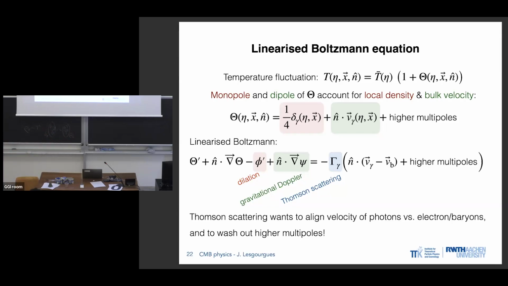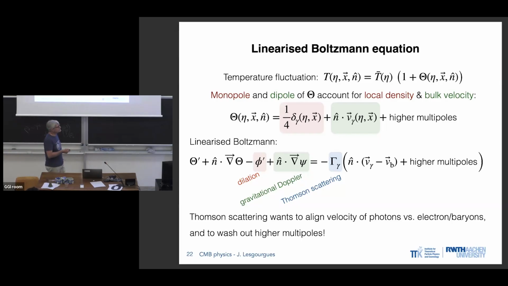The baryon and photon velocity will align on each other, and all higher multipoles will vanish, which is extremely intuitive because when you have strong interaction in a fluid, what happens? Isotropization. Interactions want isotropization. And once you have isotropized your fluid, you have no more temperature anisotropies, at least if you are in the rest frame of the baryons and the electrons, which is the rest frame in which Thomson scattering occurs.